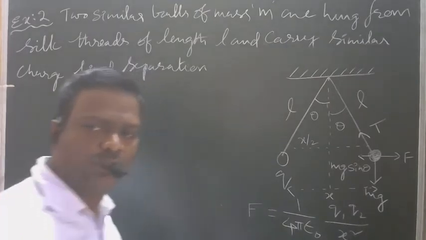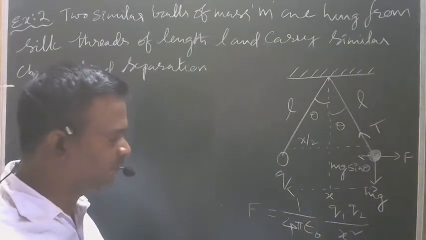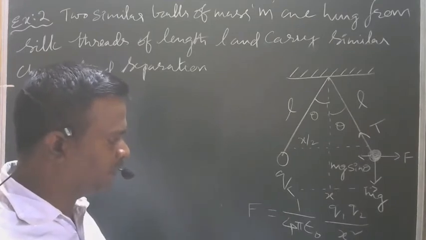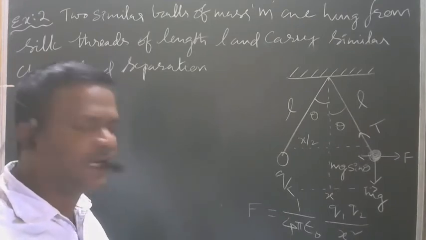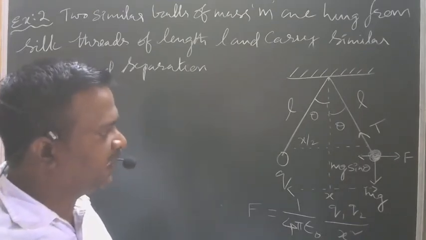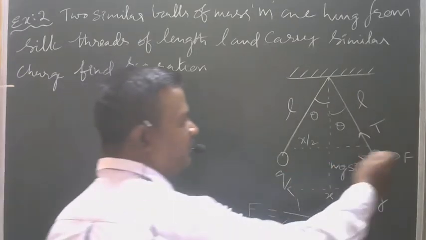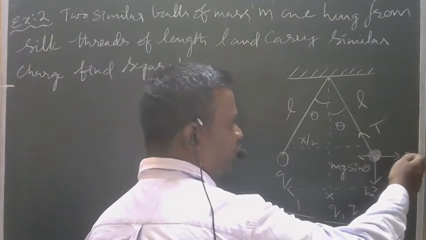Okay, so that is the force of attraction or repulsion between the two charges, equal to 1 by 4 pi epsilon naught Q1 Q2 by R square. Everyone knows about that. But here this mg sin theta is balanced by this force.